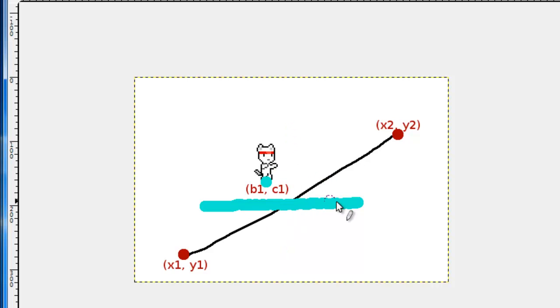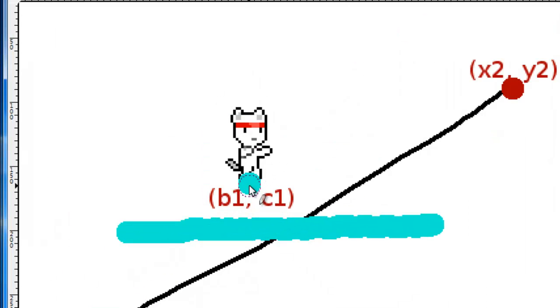We're just going to be checking the horizontal component and see if our Nekko, this point right over here, hits this platform. It's essentially the same thing as hit platform, except we are given these two points with differing x and y values. So we need to find out what this line is.